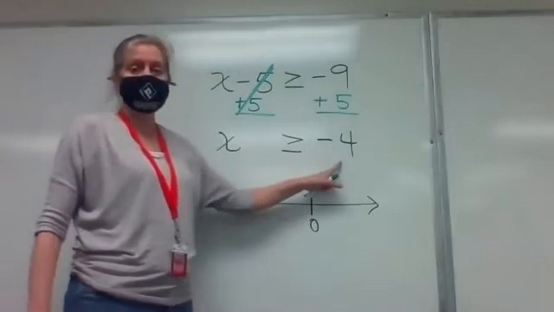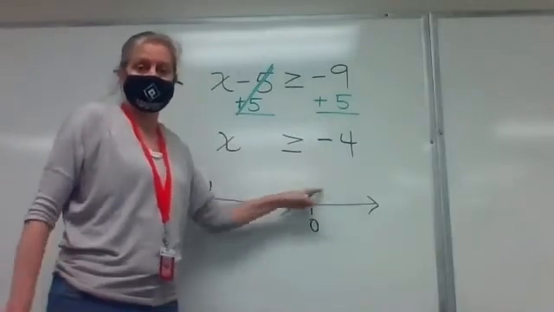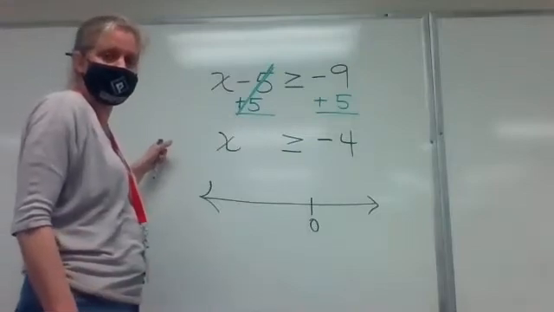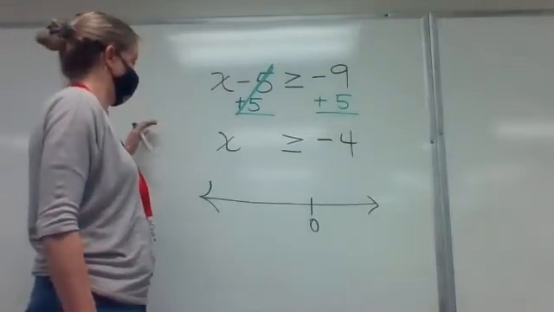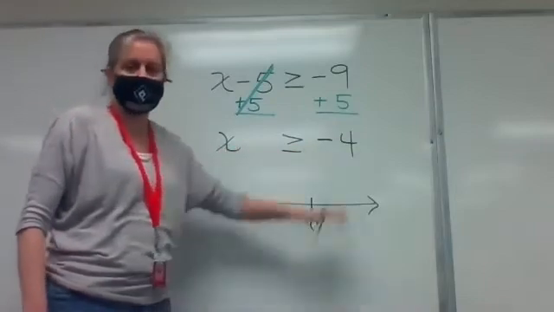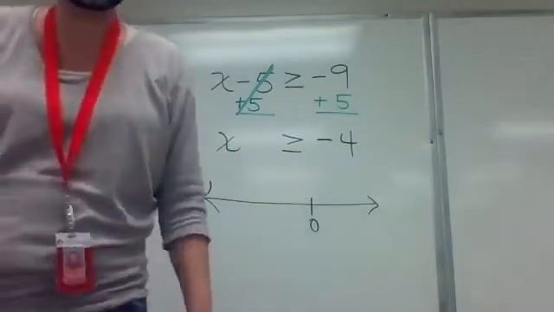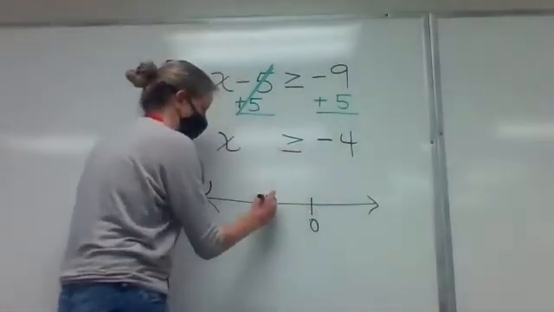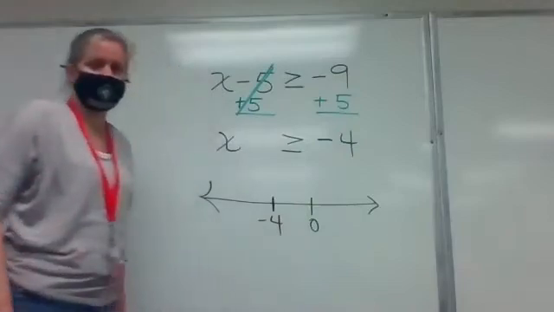Again, since there's only one number in my answer, right? If there's 2 numbers, there'd be another number over here, say -10 is greater than X, and the X will be in between 2 numbers. But only one number is represented. That's the only number you care about on your number line.